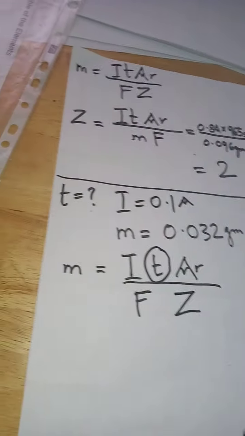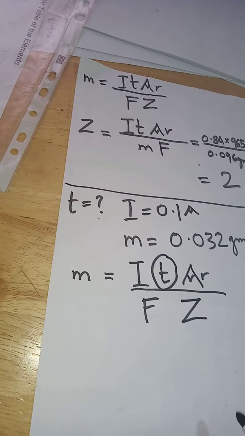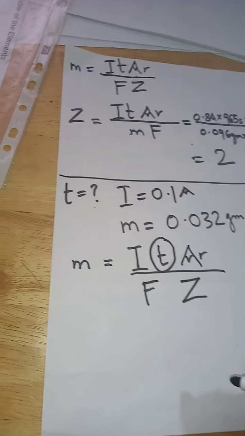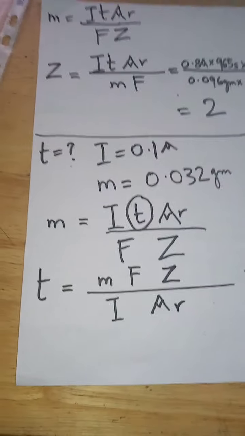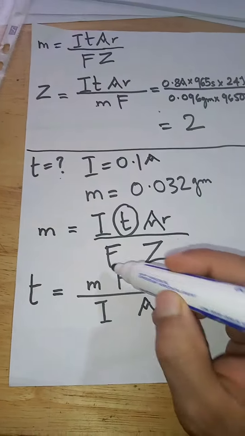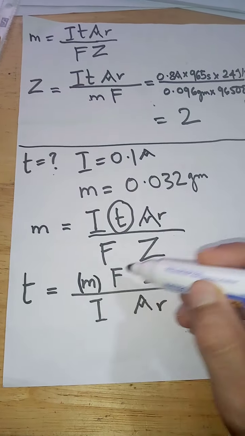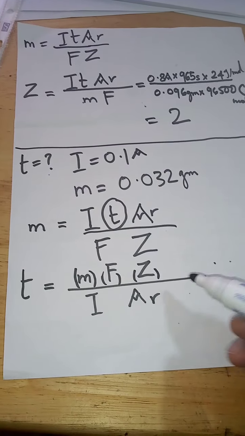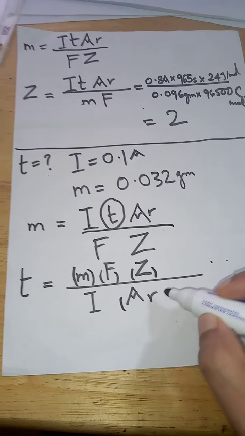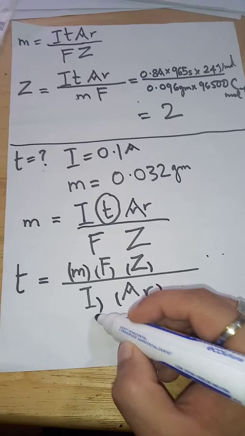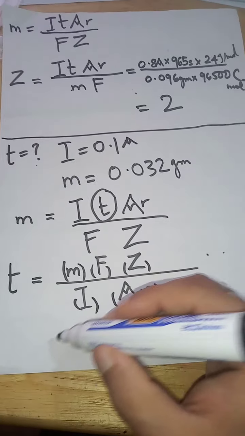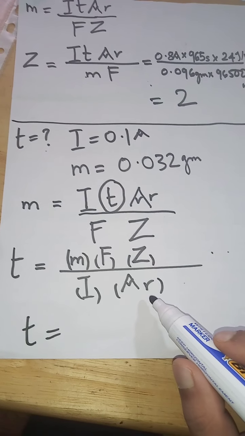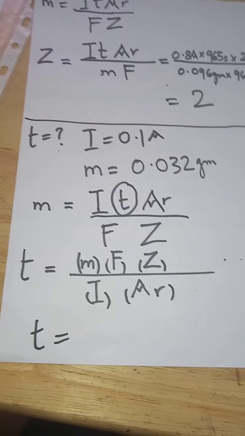So what I can do is rearrange the formula for this, and I'll get mass of copper times Faraday constant times the oxidation number of copper 2, which will be 2, so copper sulfate, and the atomic mass was 63.5, and the current passed. So the time taken would be, I'll be using 64 as the atomic mass rather than 63.5.